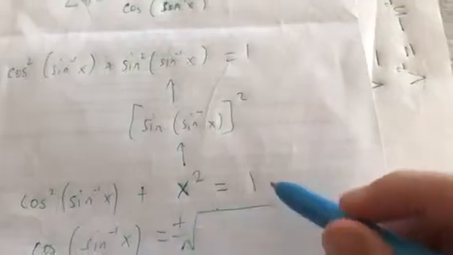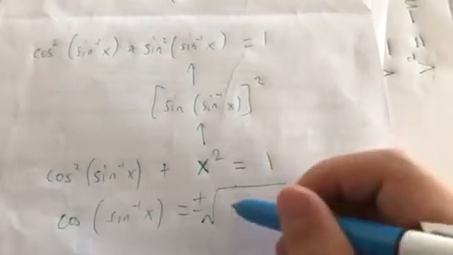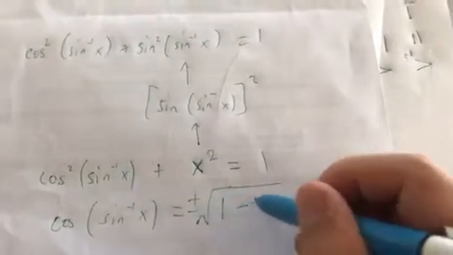Okay. So just rearranging this will give you that cosine of inverse sine of x is equal to the square root, or plus or minus the square root, and it has to be continuous, of 1 minus x squared, right?